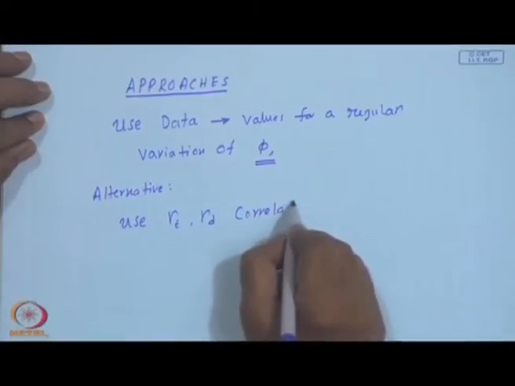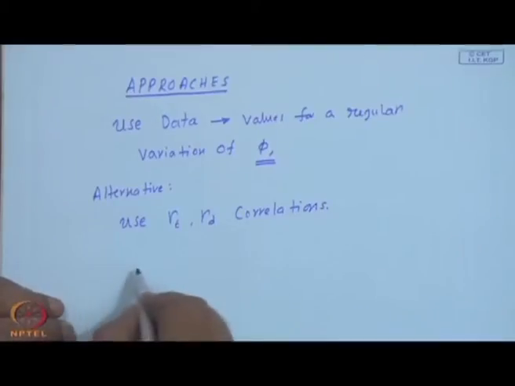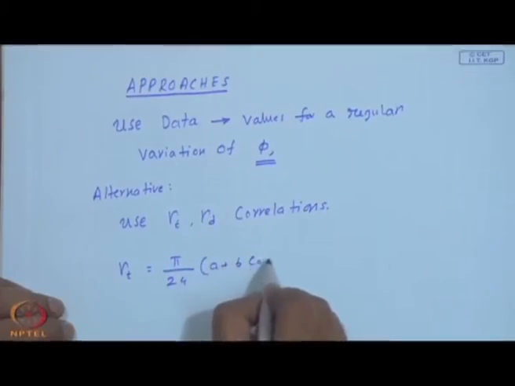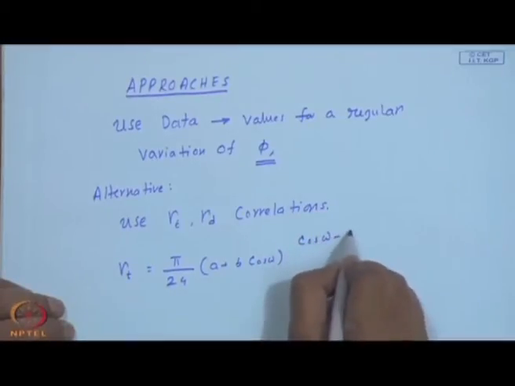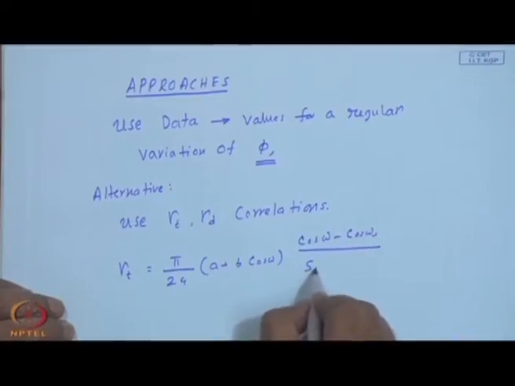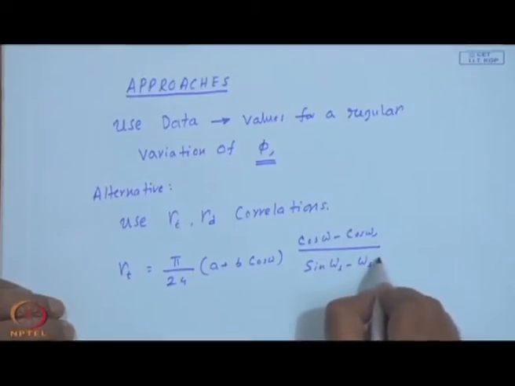RT and RD correlations can be used, right, where you have got RT is pi by 24 times a plus b cos omega times cos omega minus cos omega s by sin omega s minus omega s cos omega s.